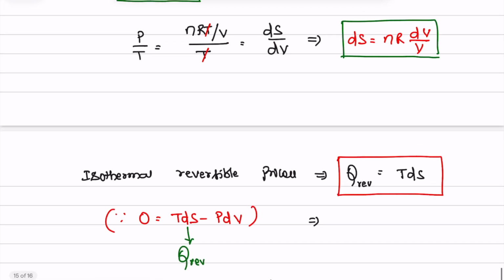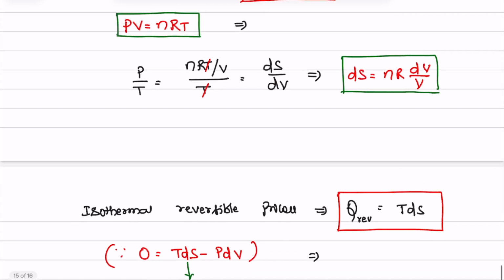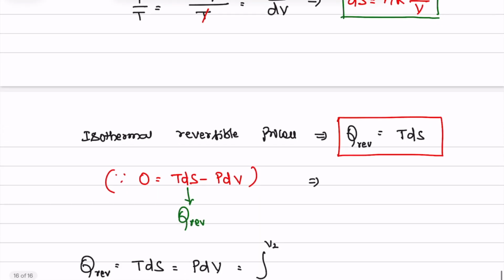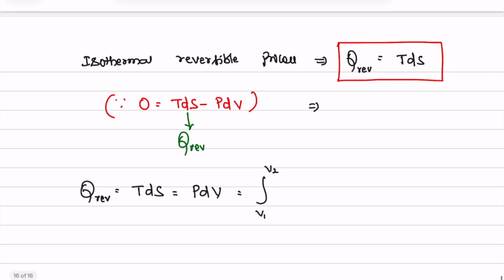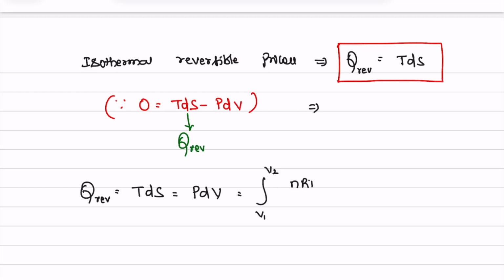What is the value of P? nRT by V, dV. That is equal to nRT, because temperature is constant, this can be taken out as a constant, integral V1 to V2 of 1 by V dV.